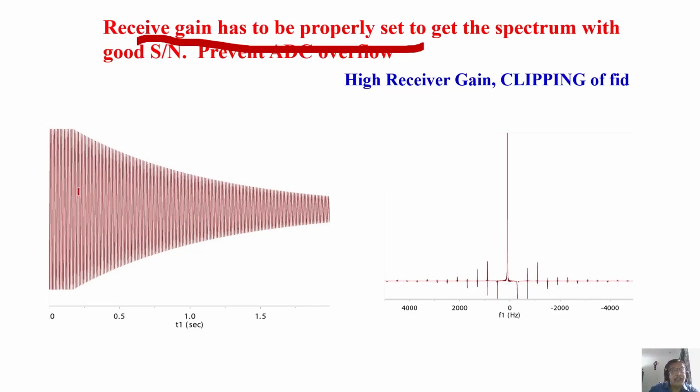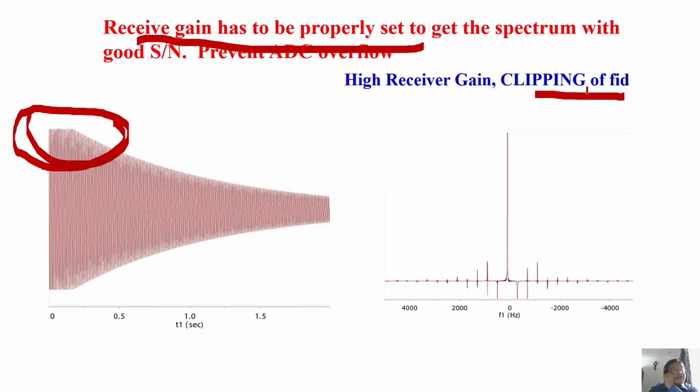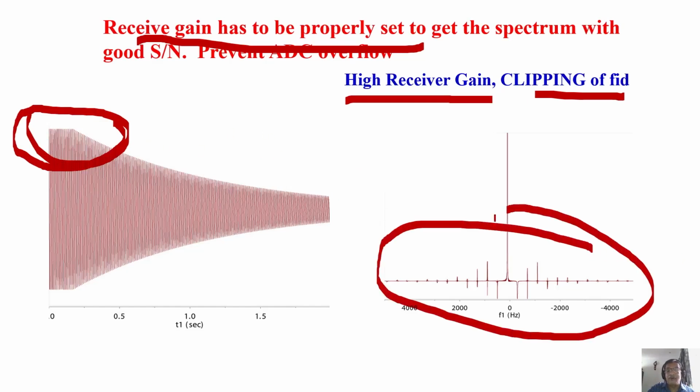When you start doing like this, this is the clipping of the free induction decay. FID gets clipped like this. That is because receiver gain is very high. If you happen to come across such a situation, and without your knowledge you enhance the receiver gain and collect the signal, look at it. After doing the Fourier transformation, if you get the spectrum, you will get lots of spikes like this.